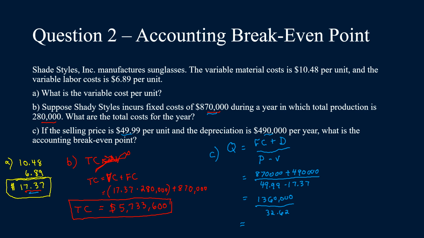Yep, divided by 32.62. All right, so that means that to break even, we have to produce 41,692.21 units.